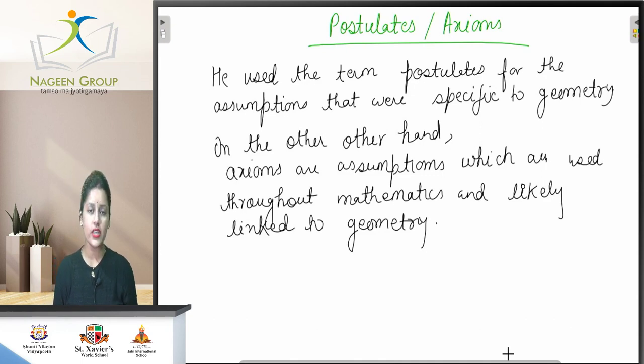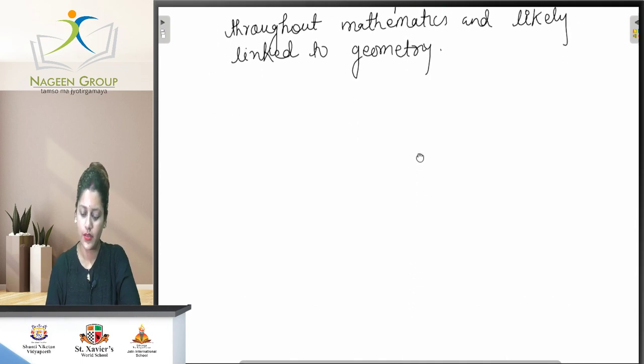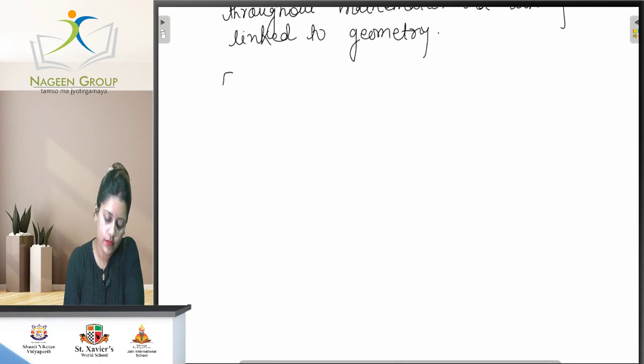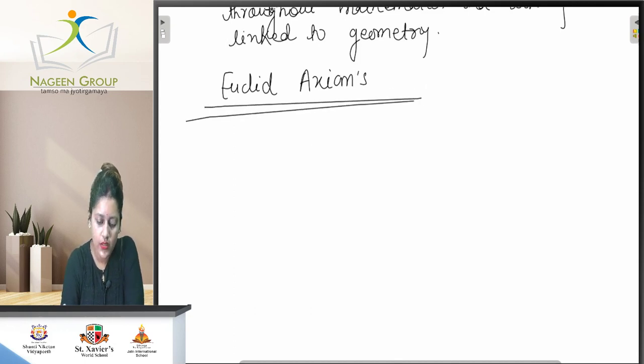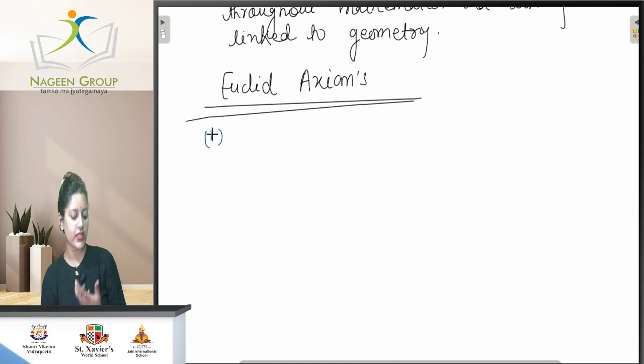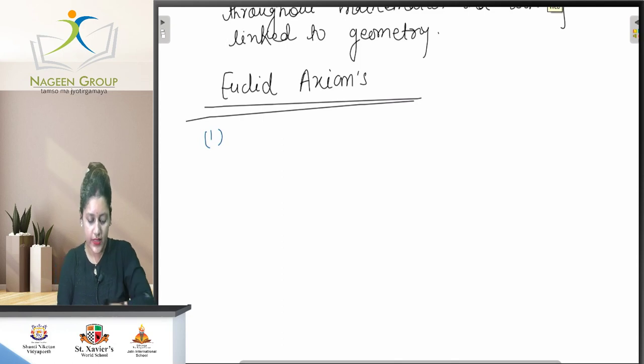Now, what are Euclid's axioms? First, things which are equal to the same thing are equal to one another.